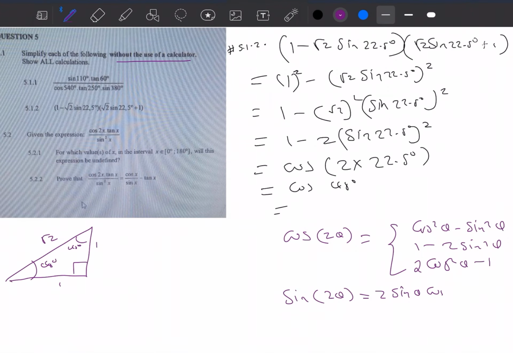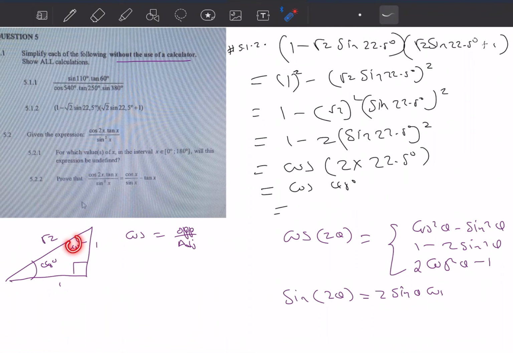So cos 45, remember, cos is opposite over adjacent.